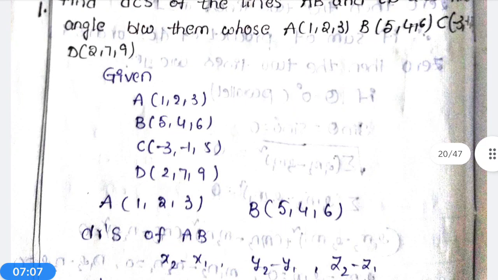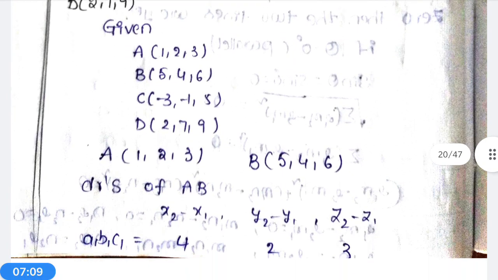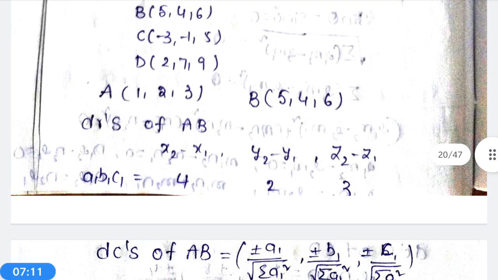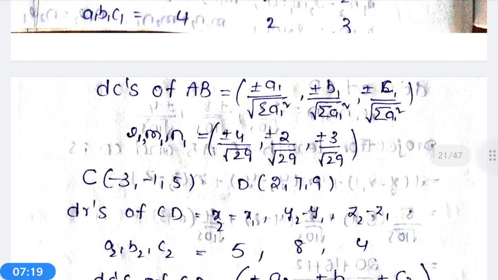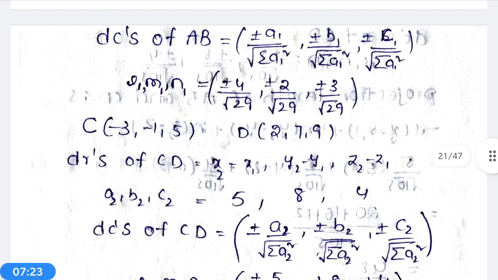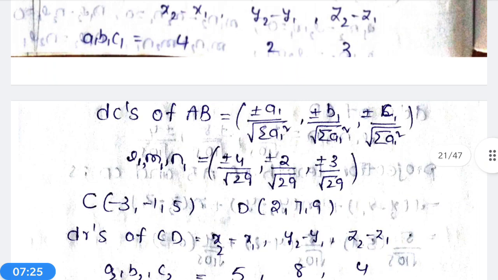Therefore, the DRs of AB are 4, 2, 3 and the DRs of CD, using the same formula, are 5, 8, 4.